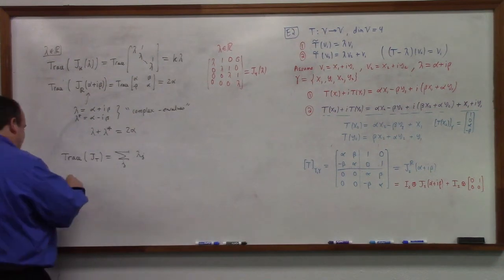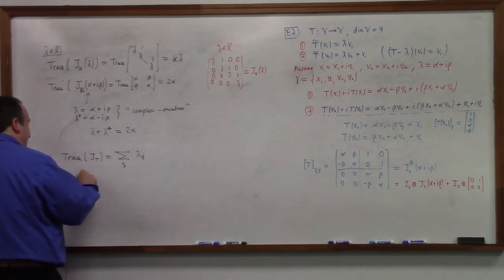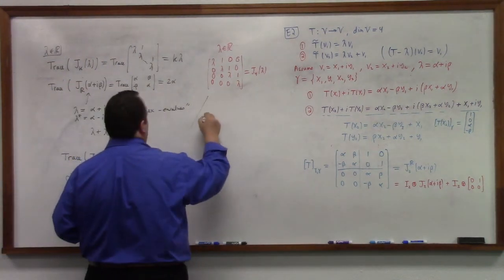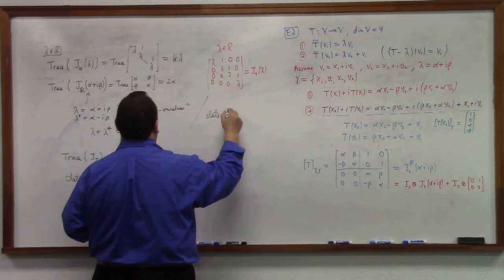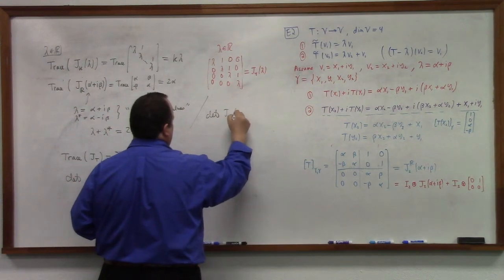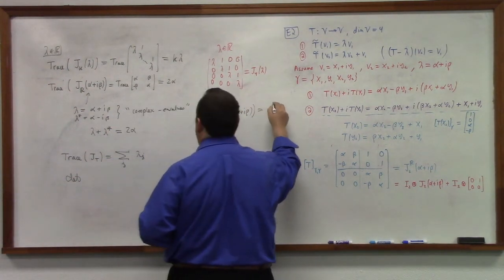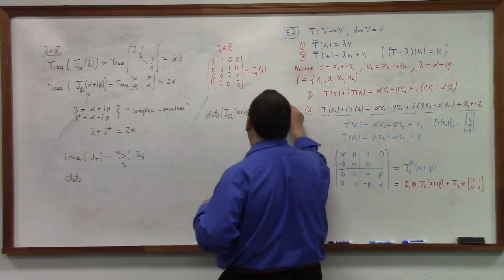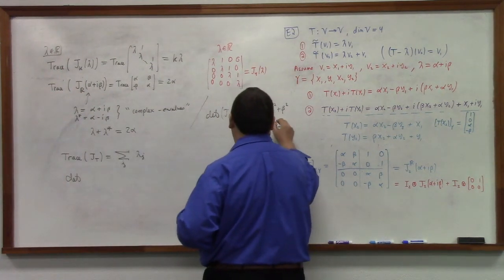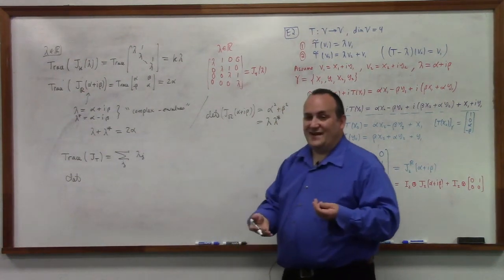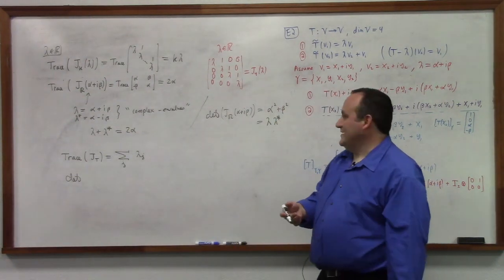And the determinant, right? What's the determinant, by the way, in this block? Do you see it? Of the k, it's alpha squared plus beta squared, but that is, notice, lambda times lambda star. It's the product of the eigenvalues. That continues to be true.